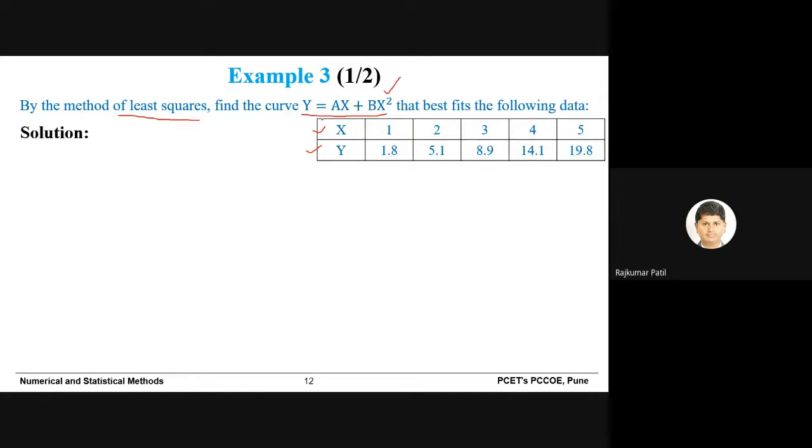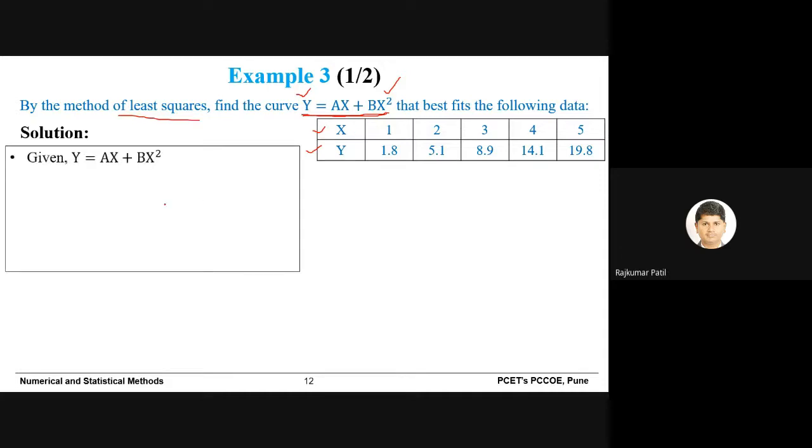What they said is you need to fit the curve y is equal to ax plus bx square. So there are two options. First, you may think that this is the quadratic equation that we will be discussing in upcoming classes as well. But when you look at this equation, you must understand that it can be converted to a straight line. So what you need to do is divide by x on both sides.